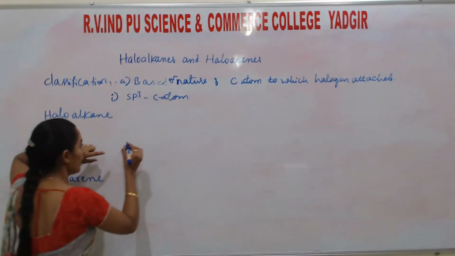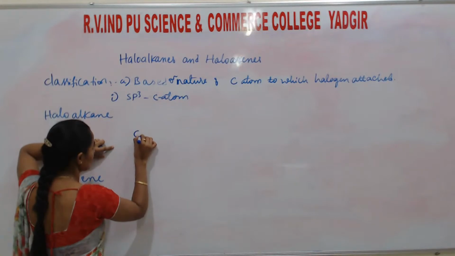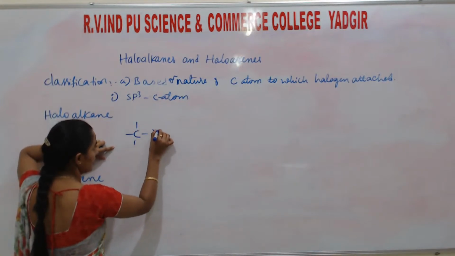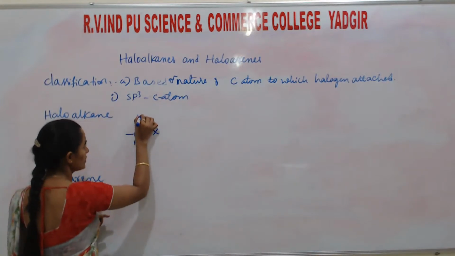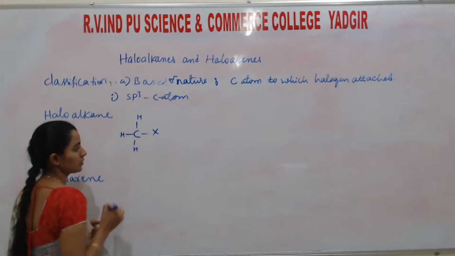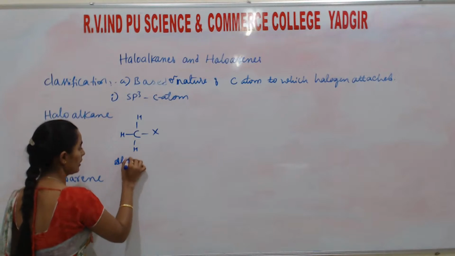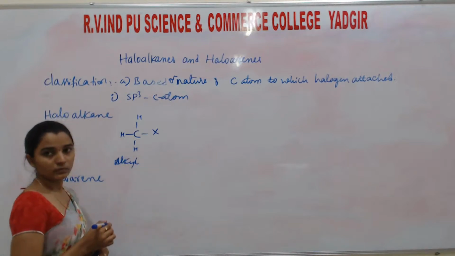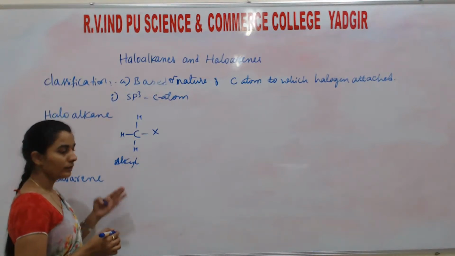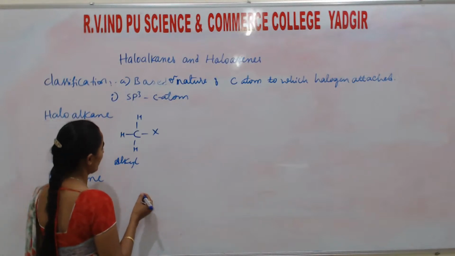So listen, I'll take one example. This X, this is H, H and H. This one is a simple alkyl group, an alkyl halide or haloalkane.